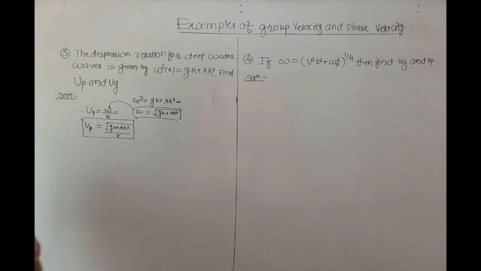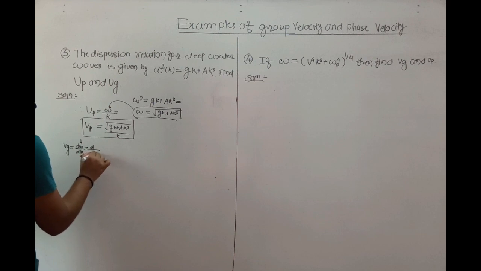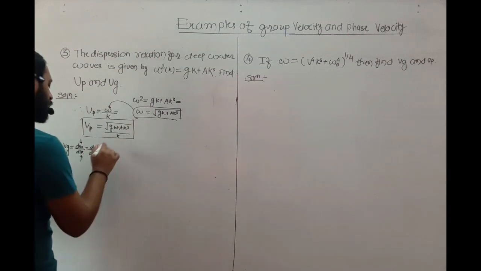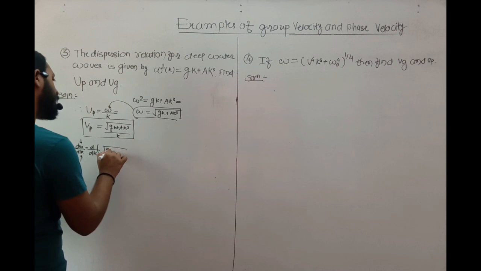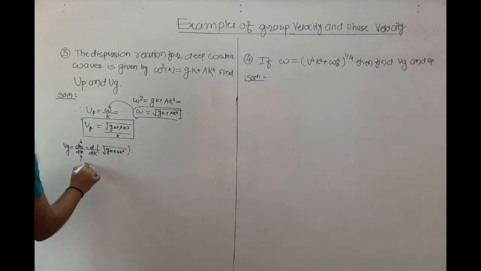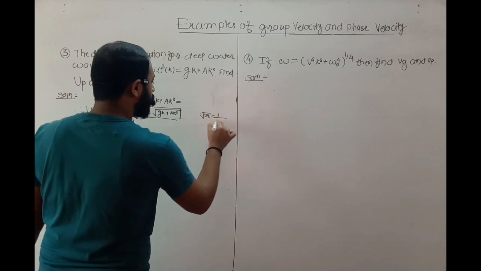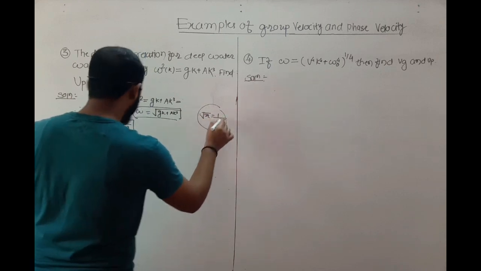No problem. Now again you have to find the group velocity. What is the formula for group velocity? Vg equals d omega by dk. You have to differentiate this omega with respect to k. Therefore d by dk. What is the value for omega? Root of gk plus ak cube. Now again, what is the derivative of root x? 1 upon 2 root x with respect to x.